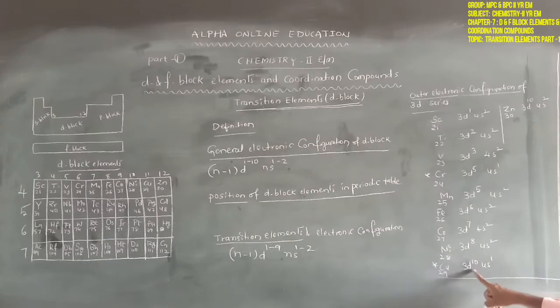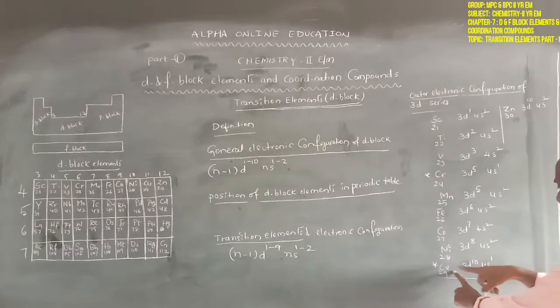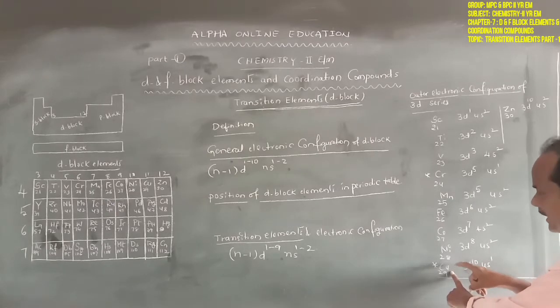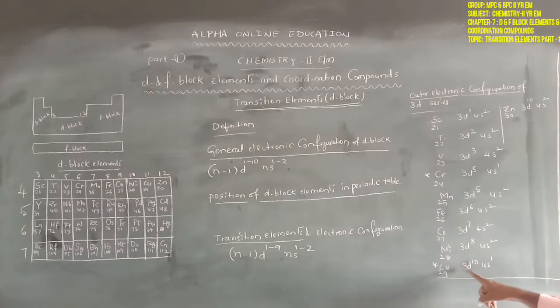Suppose you take copper. When you observe the electron configuration of copper, 3d10 4s1, in atomic condition copper has d10 configuration. But copper is a transition element. Why? In ionic condition, when copper exhibits +2 oxidation state, it has d9 configuration.